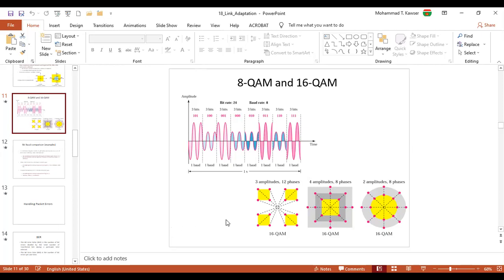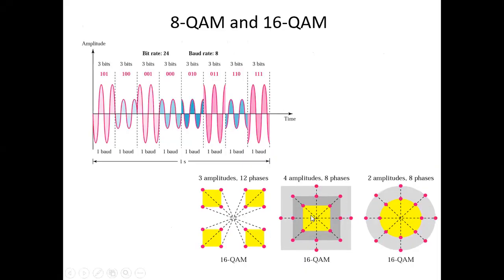Consider any of these diagrams. Say if we look at the rightmost one, this 16 QAM, two amplitudes, 8 phases here. If a dot moves, say, towards the right to some extent, then the receiver considers the symbol content depending on its amplitude and phase, right?